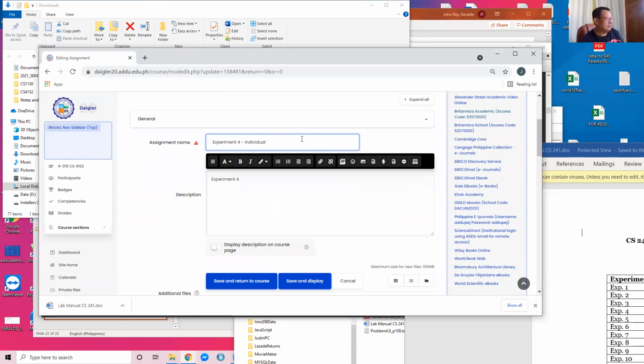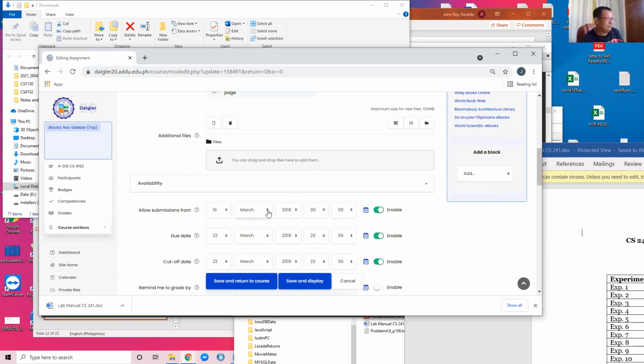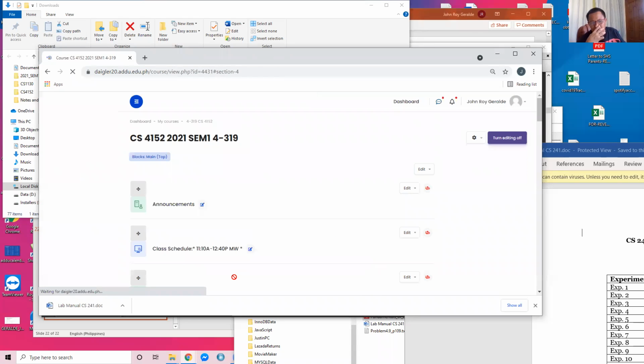Cedar Logic, no? September 27. Okay. Experiment 4 lang. 3 tapos na tayo.